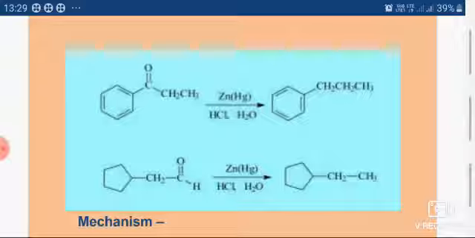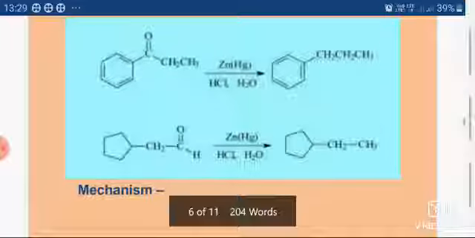I didn't write them here due to time or technical problems, but you can note the names and go through them. I have told you the general reaction, and these two examples are here. Write them down and also find similar examples in your reference books.